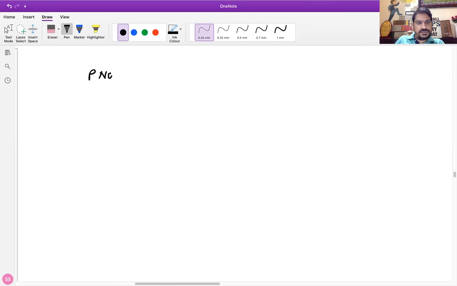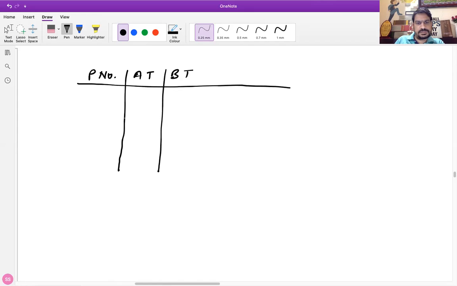Let's say we have process, we have arrival time, and we have burst time. Let's go for the process number. We have 1, 2, 3, 4, 5, 6. So 6 processes are there. Let's write the arrival time of it.